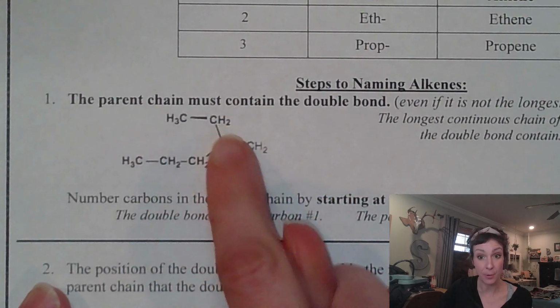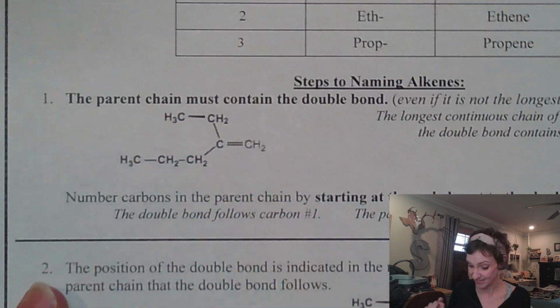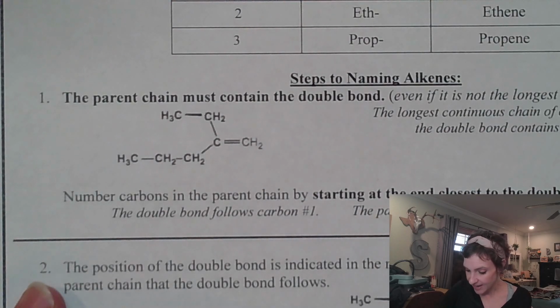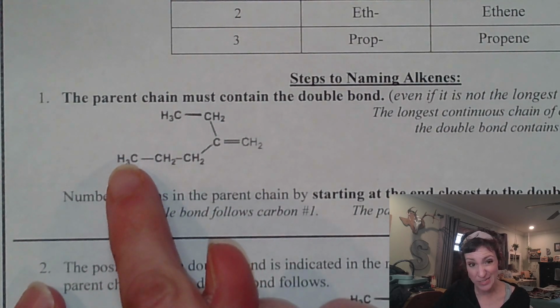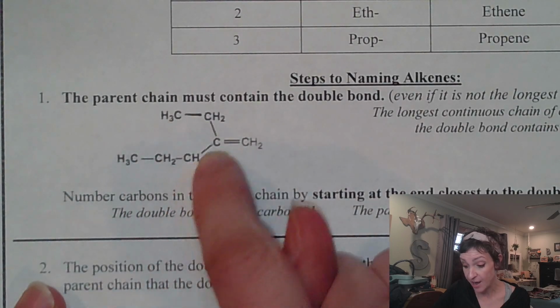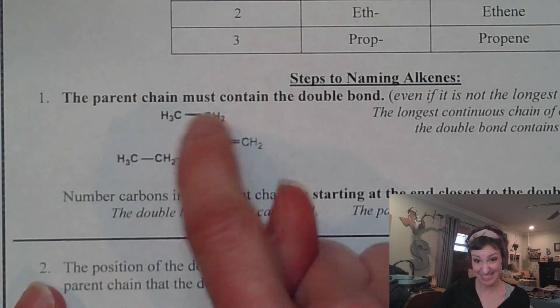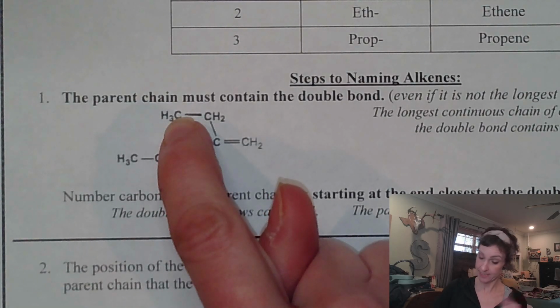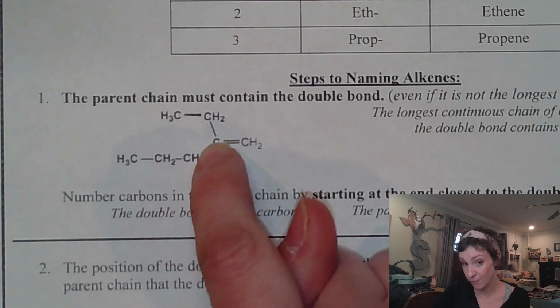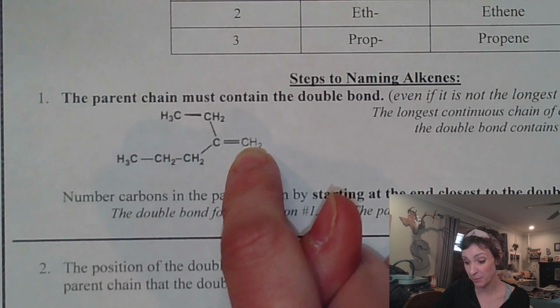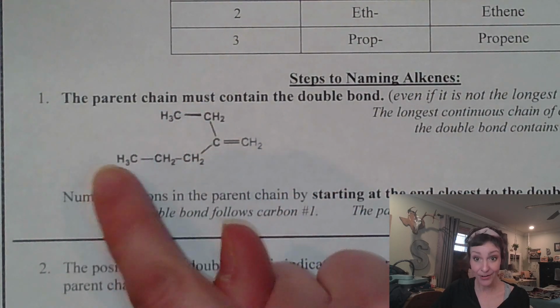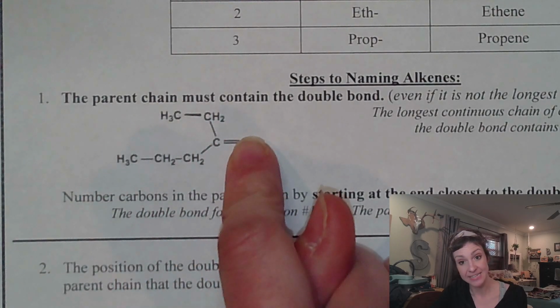I also see that we're going to maybe have some branches to tackle too, which yes, we will. But I'm looking, and I notice that if I go this way, 1, 2, 3, 4, 5, 6, versus this way, 1, 2, 3, 4, 5 over to the double bond, 6 is a longer chain than the 5 that has the double bond.